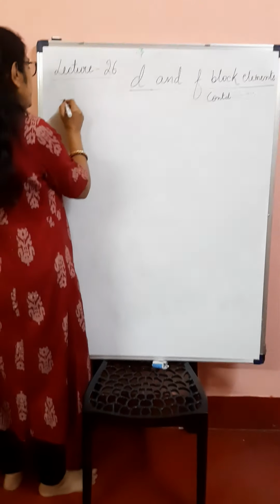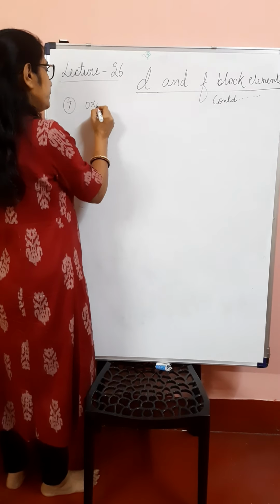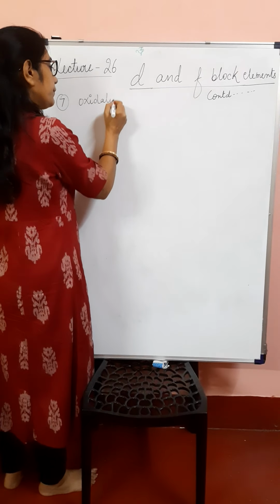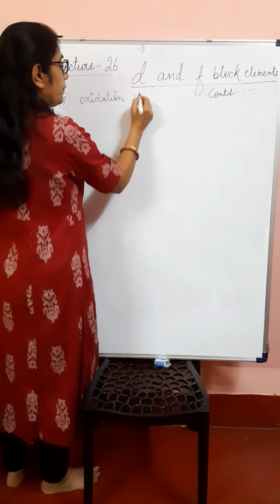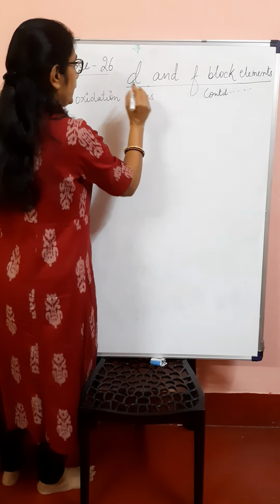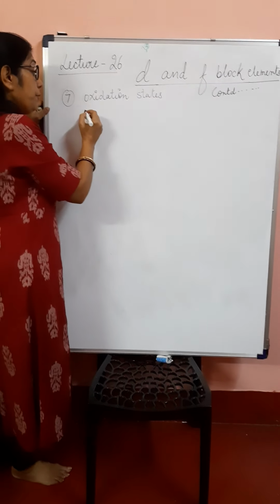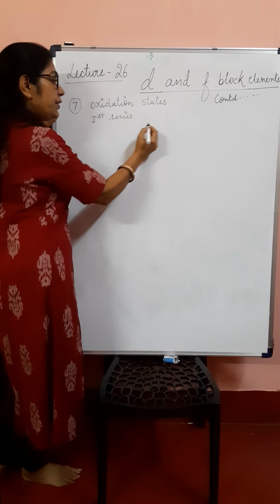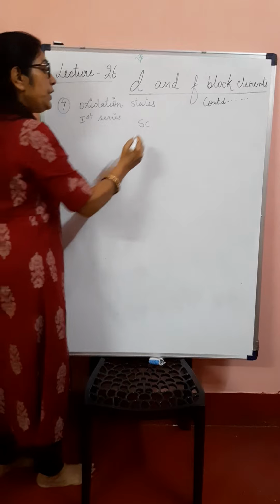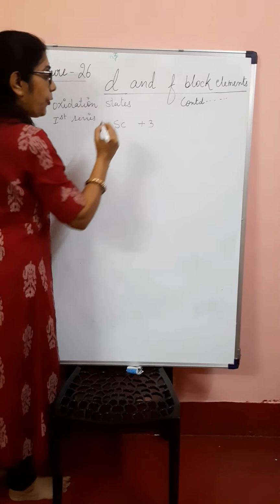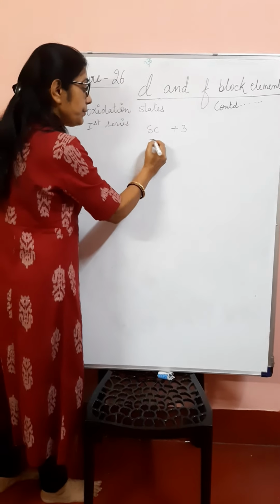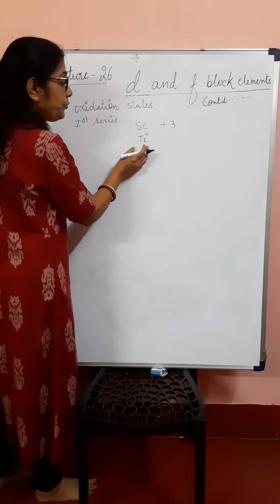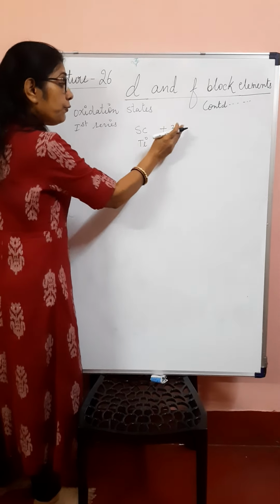Very, very important. Now oxidation states. First of all, in the first transition series, let me discuss scandium. It is stable in its +3 oxidation state. Then comes titanium, atomic number 22, and it is 3d2 4s2.